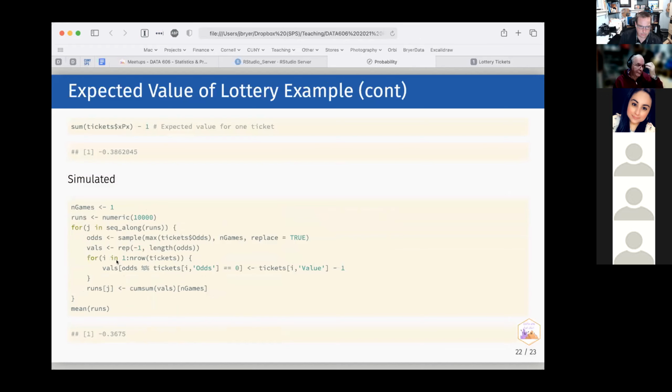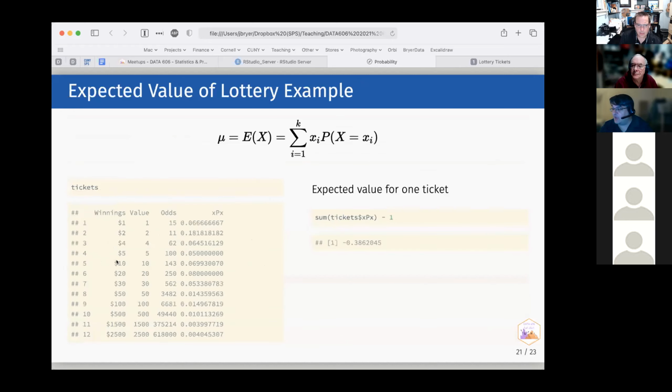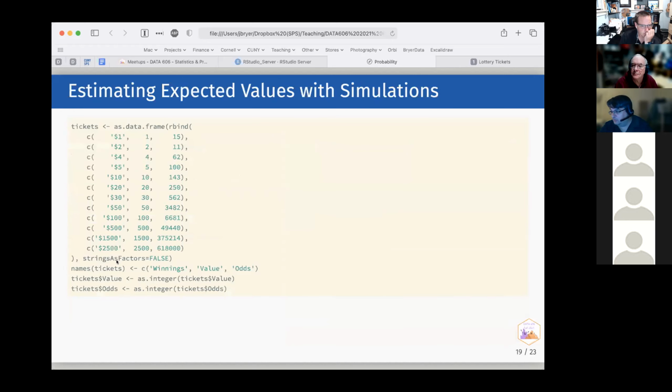Are you sure your odds are coming out right though? I'm sorry, Charles, can you speak up? I was saying that because you only pick a number between 1 and 618,000, the probabilities might not match up if there are not all common factors.